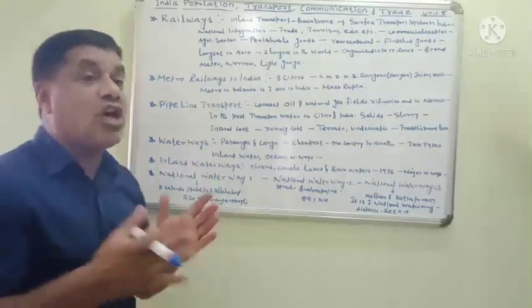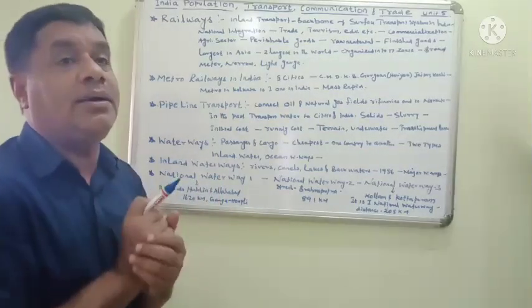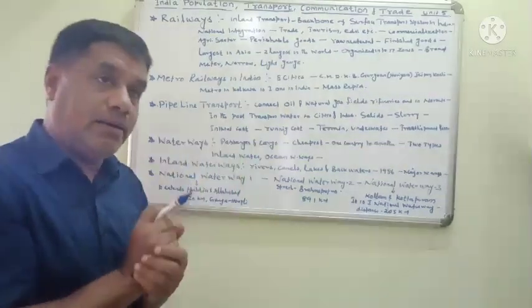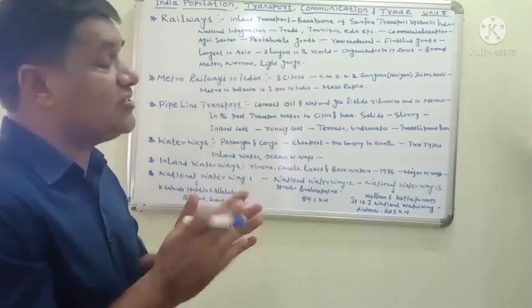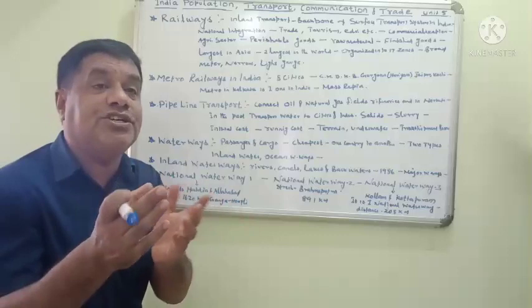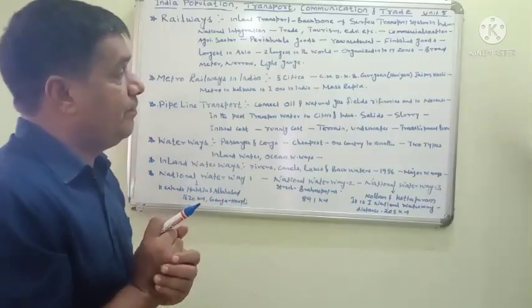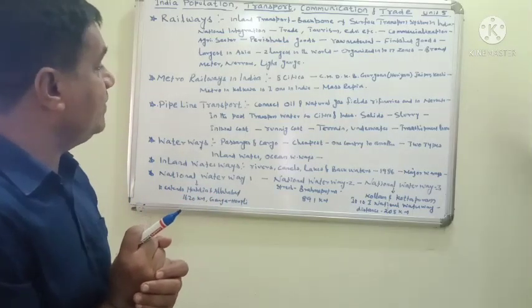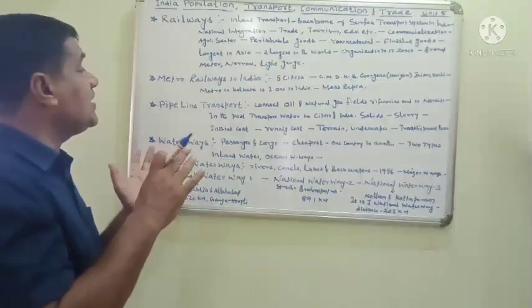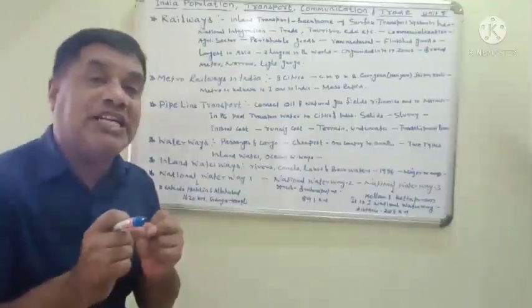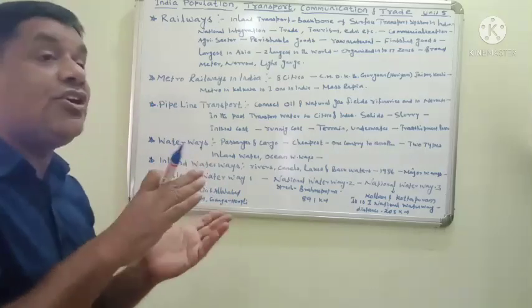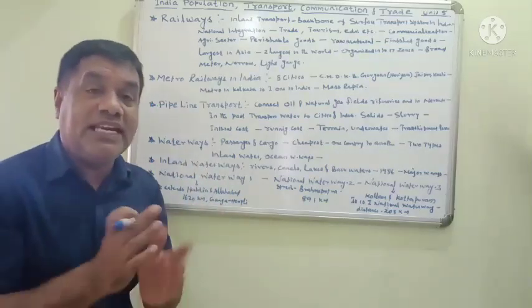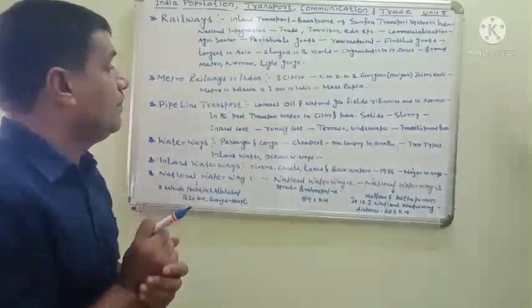After that, solids are also supplied through the pipeline from one place to another. Solids are converted into slurry, like a liquid. The initial cost of pipeline transport is very high, but the running cost is very low.